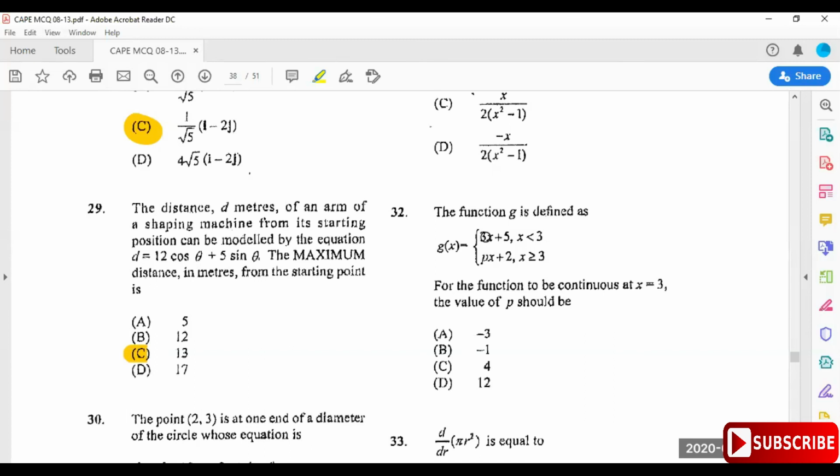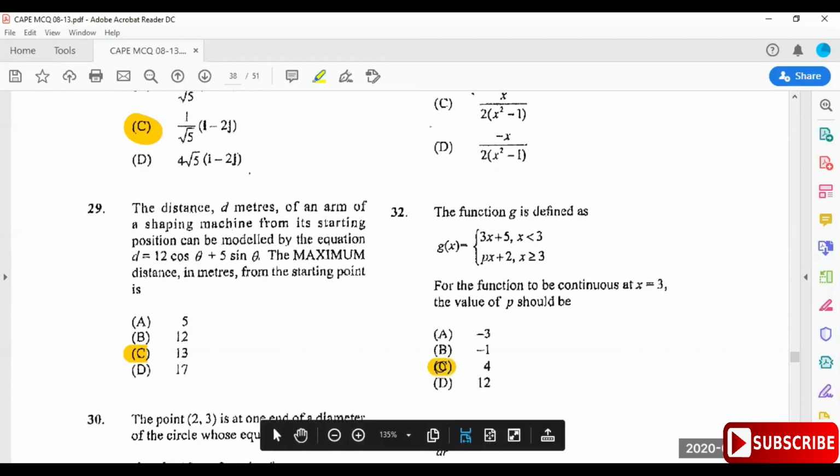Let's put x as 3: 9 plus 5 is 14, equal to 3p plus 2. If 3p plus 2 is equal to 14, then 12 is equal to 3p, and p is equal to 4.